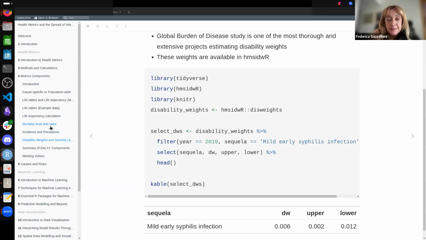Something else to say is that the number of years of life lost are now calculated with prevalence, but before they used to be calculated with incidence. But then over time, within the research, they found out that using the prevalence gives a better picture of what is actually happening.